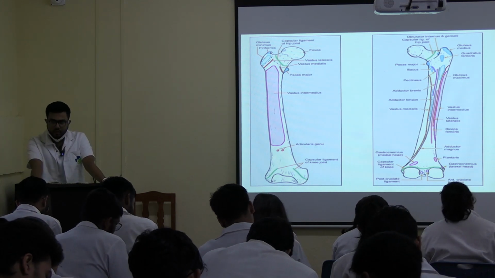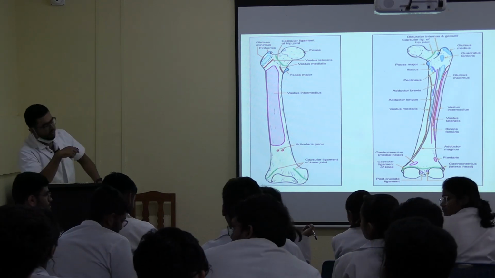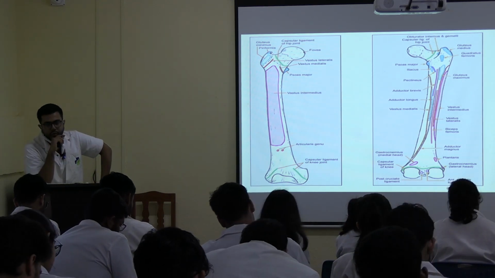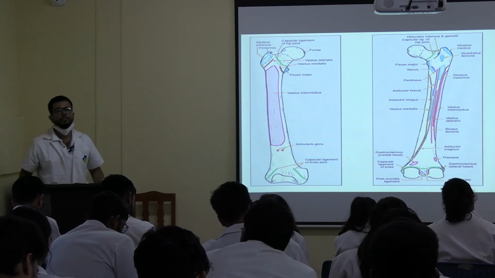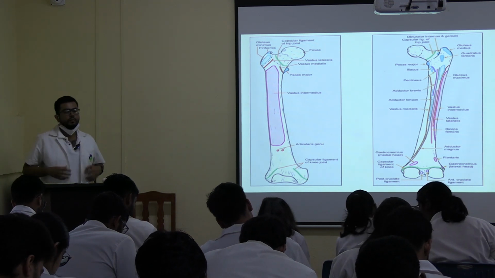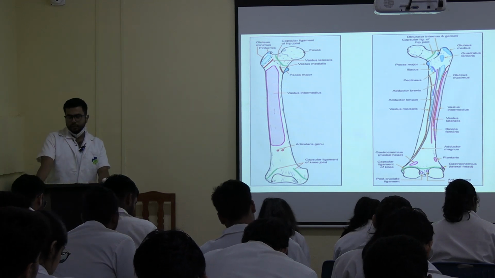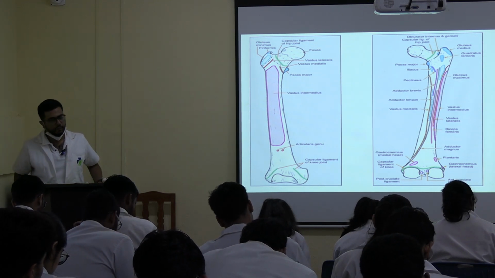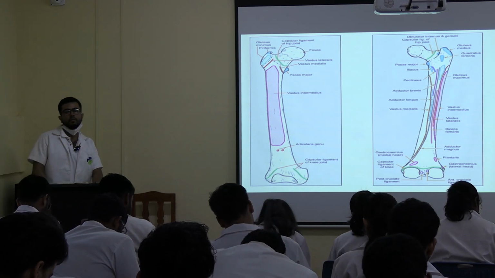Then on the medial supracondylar line. Okay, it starts from lower end of intertrochanteric line, then on the spiral line, then on the medial lip of linea aspera, then comes down to the medial supracondylar line up to the adductor tubercle.